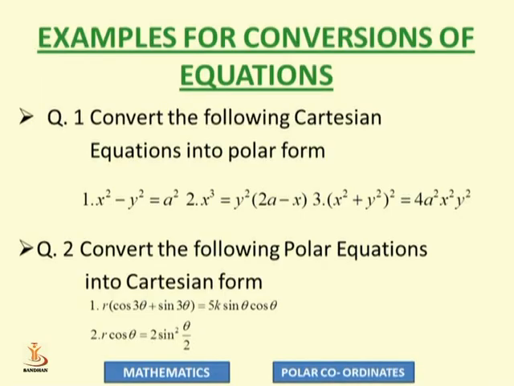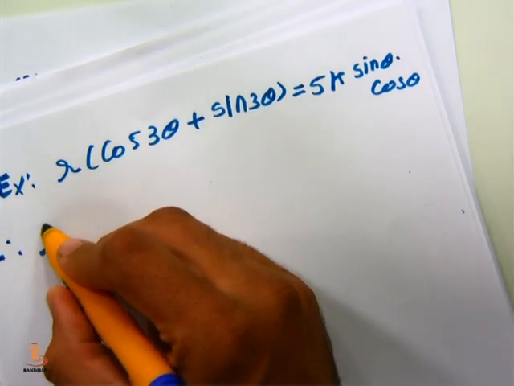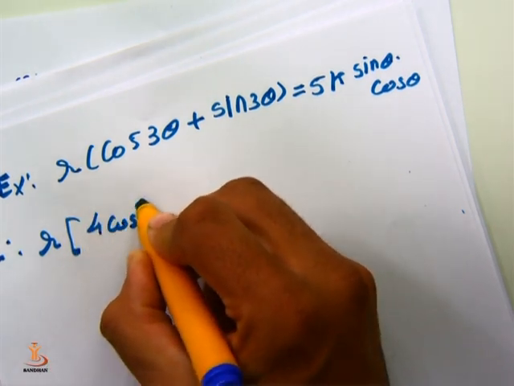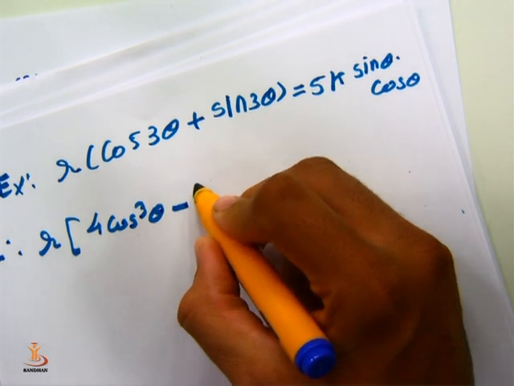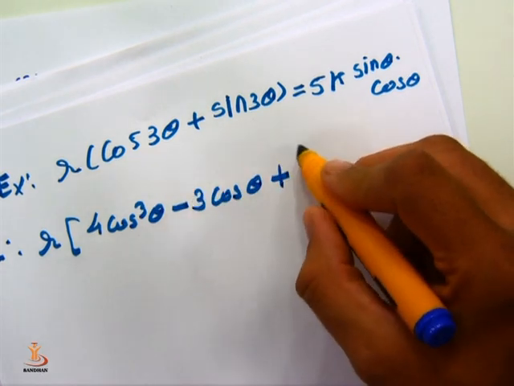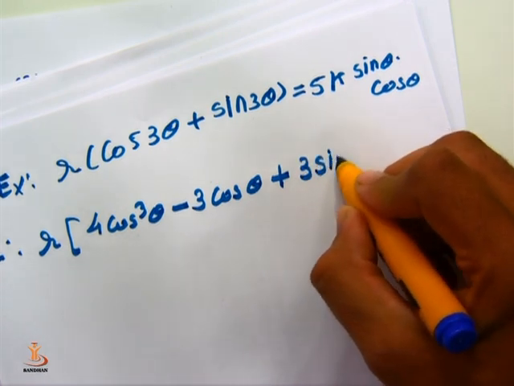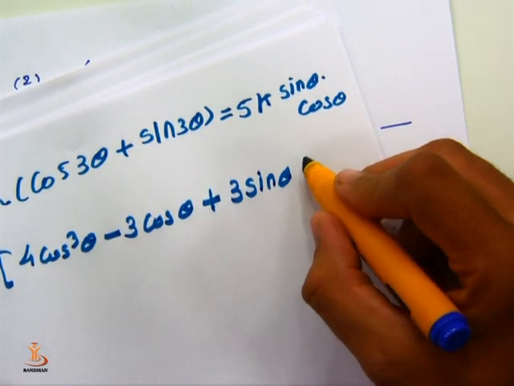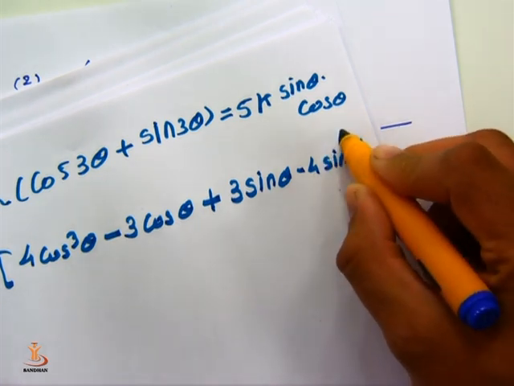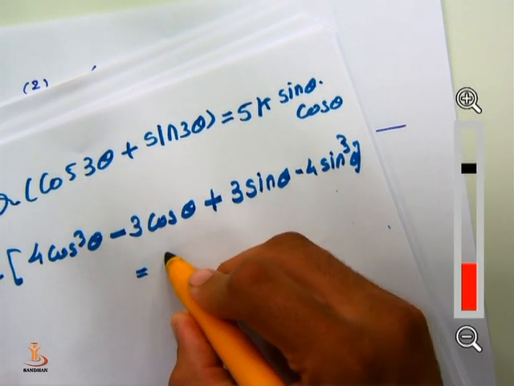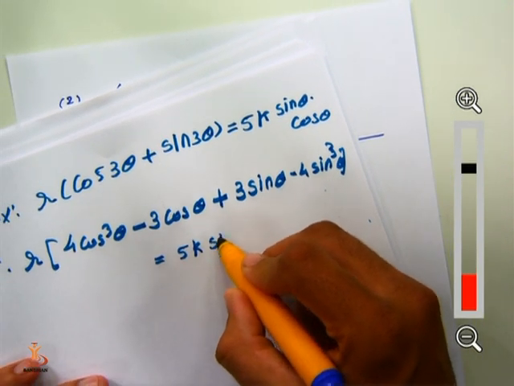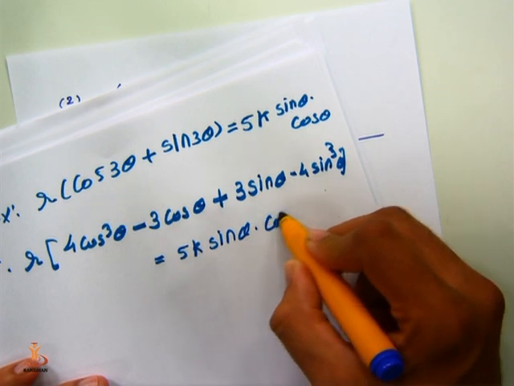So let us apply the same thing that I have told you. r into (4 cos cube theta minus 3 cos theta plus 3 sin theta minus 4 sin cube theta) equals 5k sin theta into cos theta.